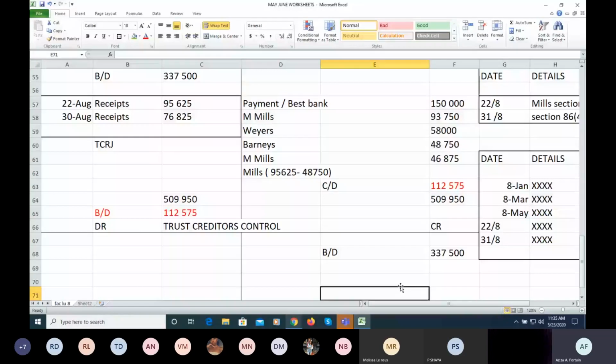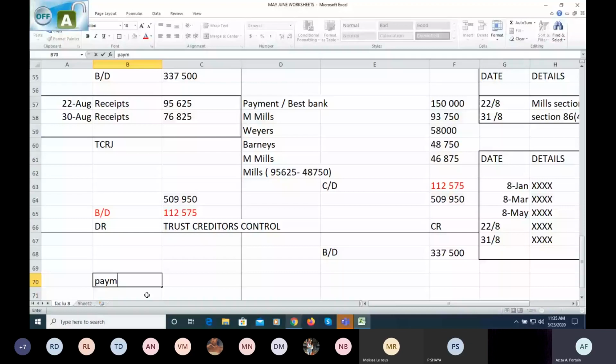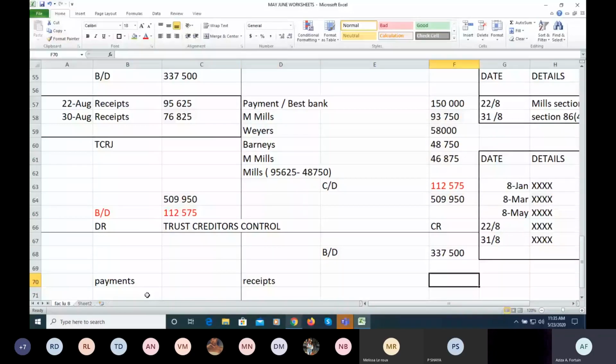So we know on our trust creditor, this side is payment and this side is receipt. Okay, so my receipt was 172,450 rand, and my receipt from this side was 397,375 rand.